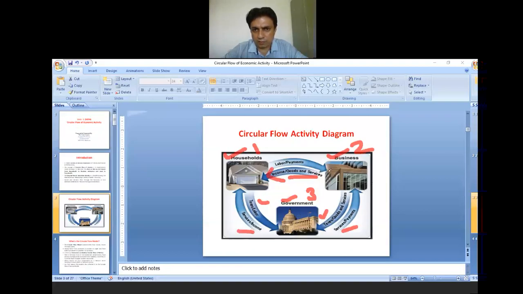So this flow diagram is known as the circular flow of economic activity, because our economy depends on these three factors mainly in our country.